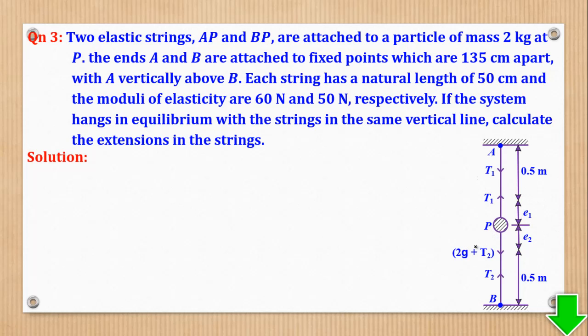Now there's something funny. Do you see here? Here it is okay. Tensions are the same, T1, T1. But here there is this other 2g which has been added. Why is it that here we have 2g plus T and here we have only 2T2? It is because this particle also has a mass, and wherever there is mass there should be weight.